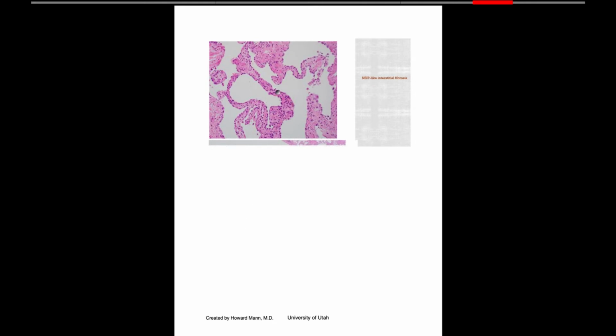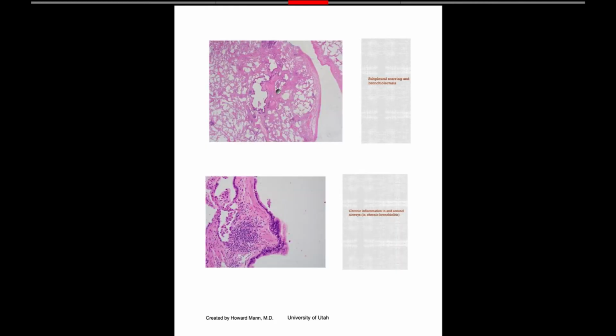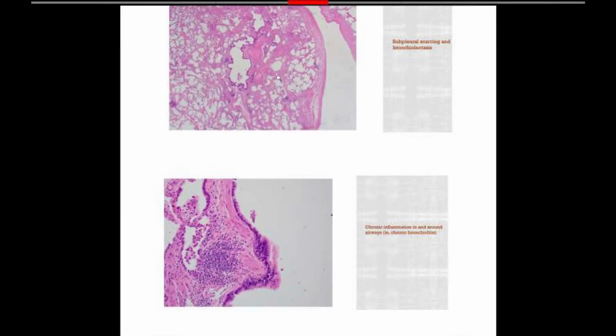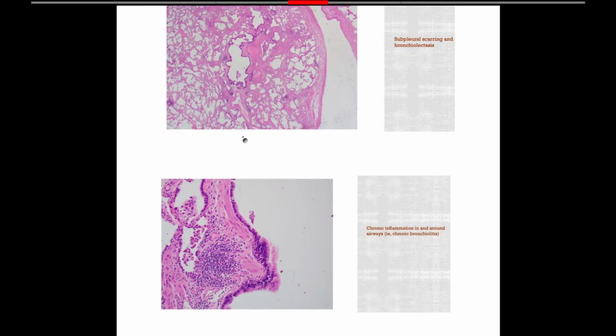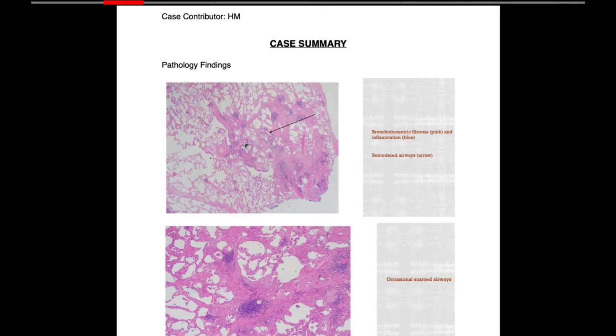There were some regions of NSIP-like interstitial fibrosis. And then the other thing that pathologists look for when looking at airways and the airway-centric fibrosis is bronchiolar metaplasia, when there's extension of respiratory epithelium away from bronchioles, and sometimes even involving alveoli. So this pathologically is a case of fibrotic HP.